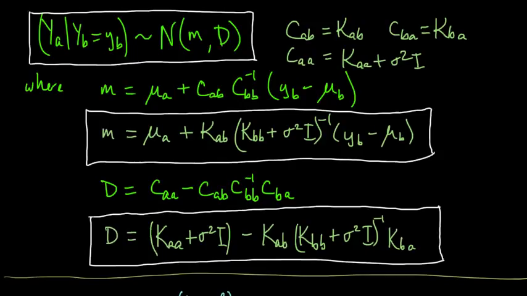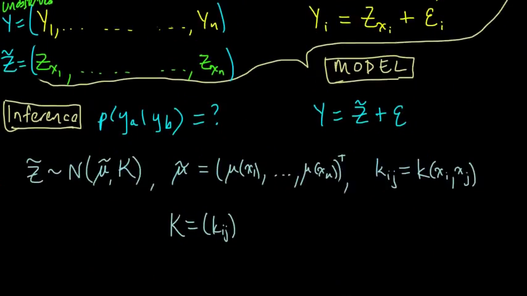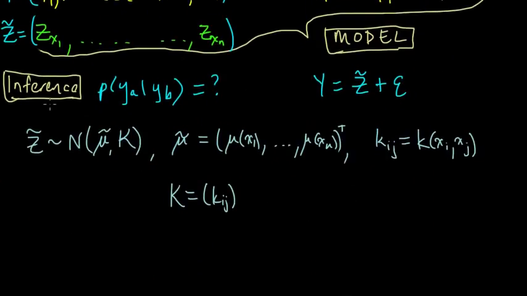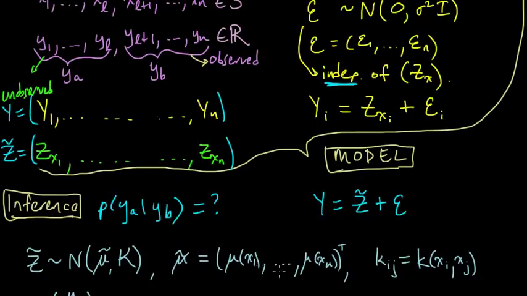Let's define what these mu a and the K blocks are. We have mu tilde, we can break it up into mu a, to simplify life a little bit, where of course mu a is just mu x1 up to mu xl.